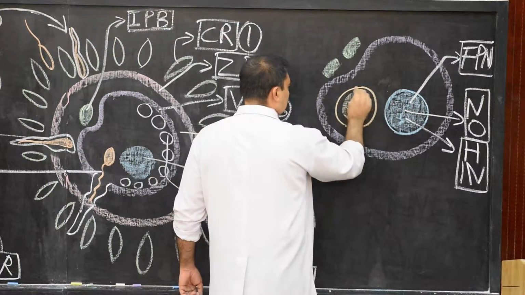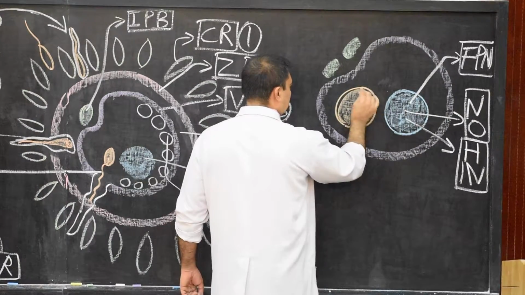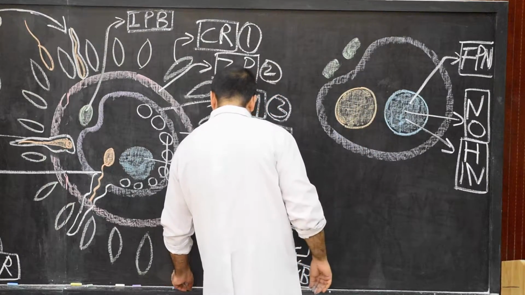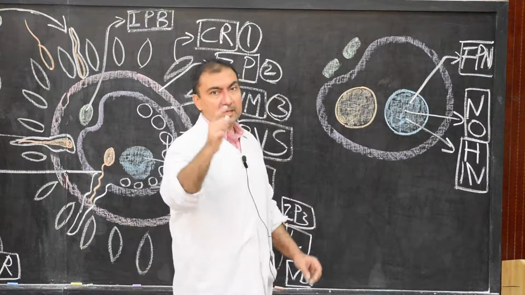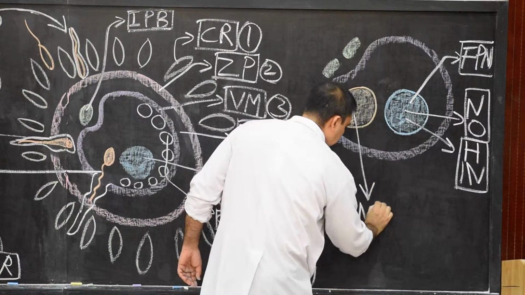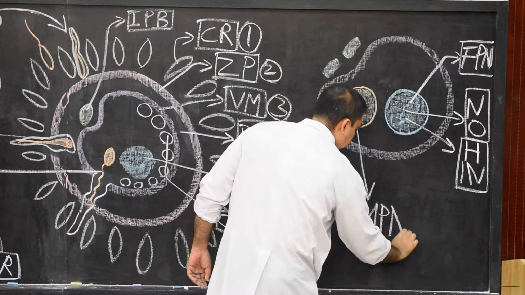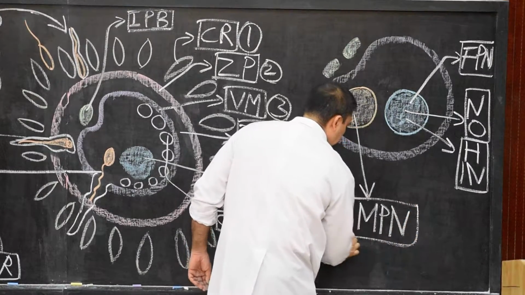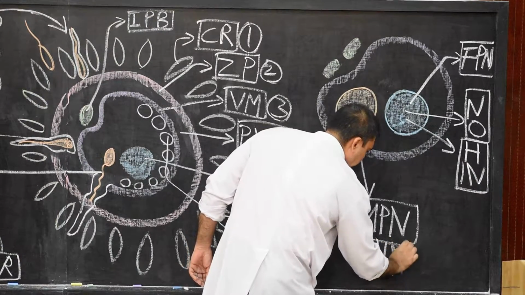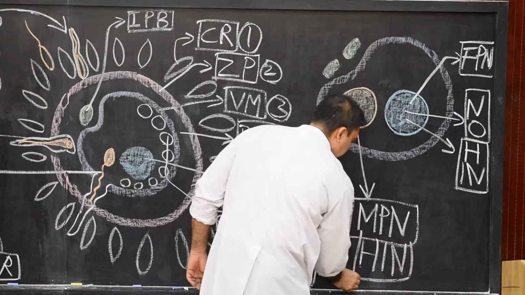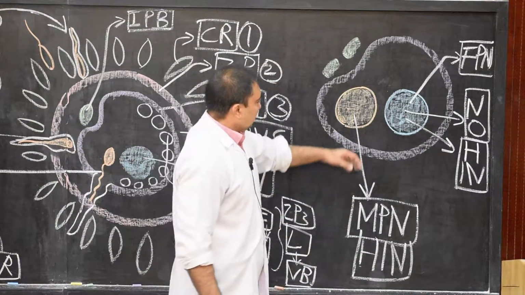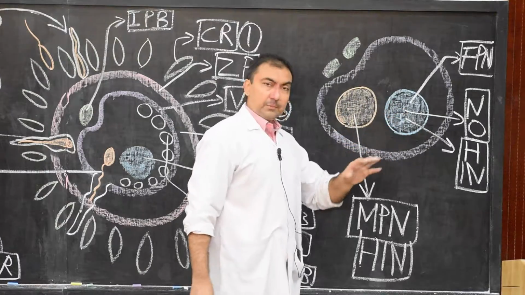This nucleus of the spermatozoon is known as the male pronucleus. It also contains haploid chromosomes with 1N DNA, 23 chromosomes. So there is presence of male and female pronuclei.